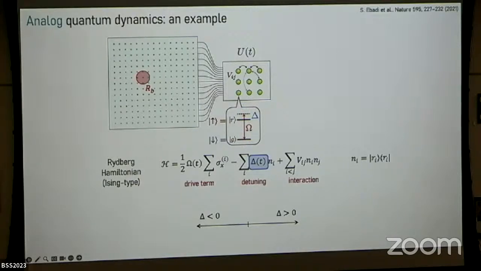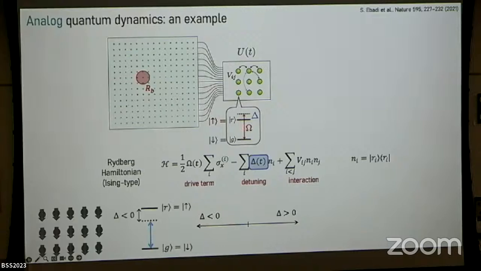We can look at two opposite regimes. When you go to large negative detuning, so you're down here somewhere, you don't have enough energy to excite atoms to the Rydberg state. So the many-body ground state is the trivial state where everything is in the ground state. Okay, clear up to here. Okay, so this is trivial and also kind of boring.